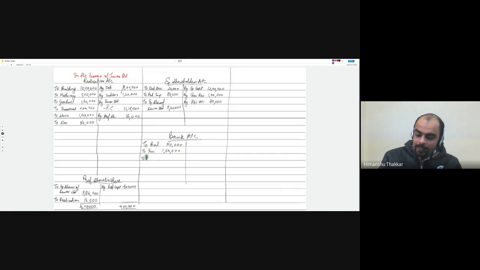One more amount that you'll receive in bank is from Senior Limited, the amount that we calculated in purchase consideration for expenses. So you're receiving that from Senior Limited. So bank will be debited. You are going to receive money in bank. So that is 14,000. Now you can write these two amounts in realization.